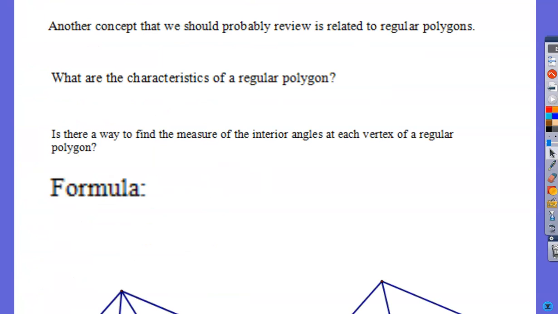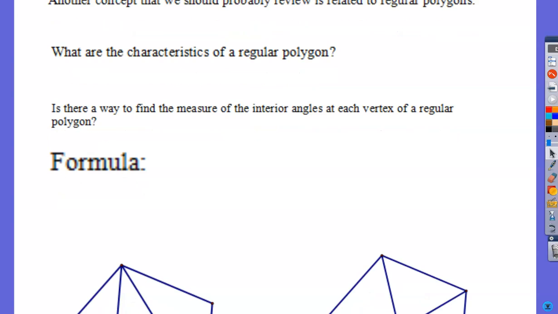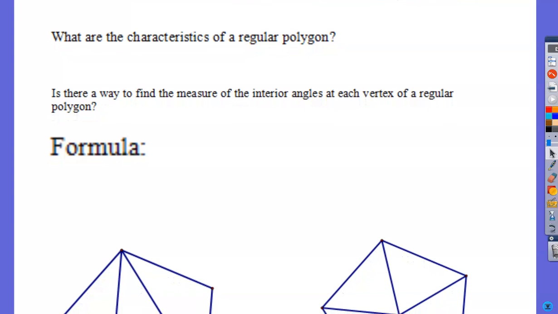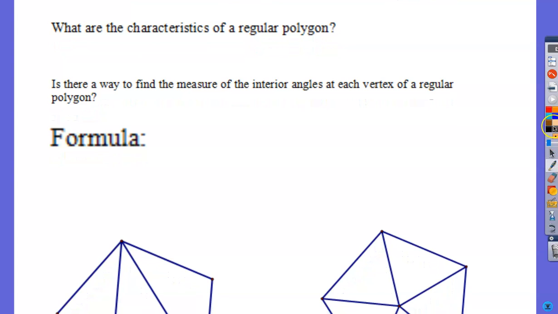Okay. So another concept that we should probably look at before you get started on some of these problems are regular polygons. So do you guys remember what it means to be a regular polygon? It means that all sides are congruent and all angles are congruent.